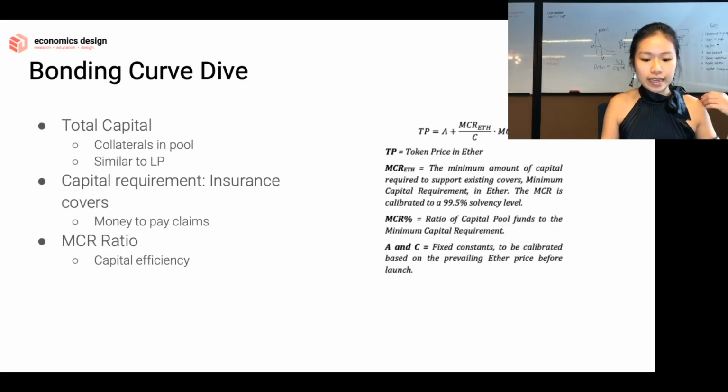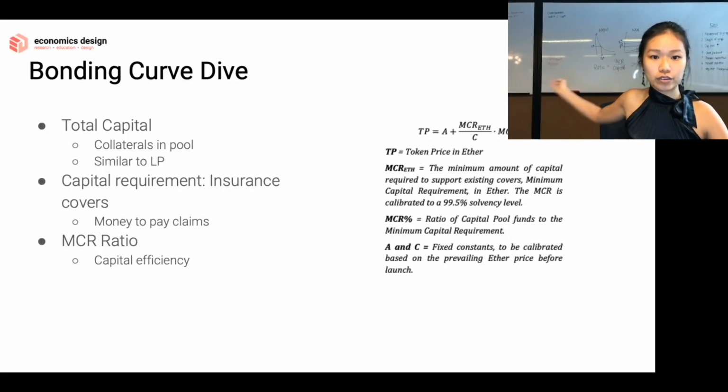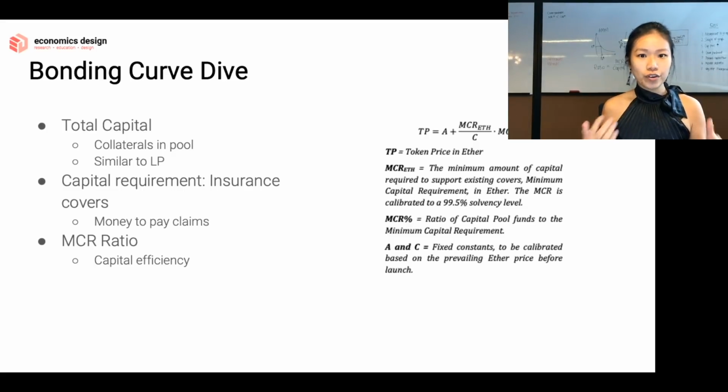That is the capital pool divided by the MCR. The capital pool is the total amount of collateral in the pool. If you are comfortable with AMMs and decentralized exchanges, the capital pool is kind of like a liquidity provider. You have this big pool, and you provide your capital inside.